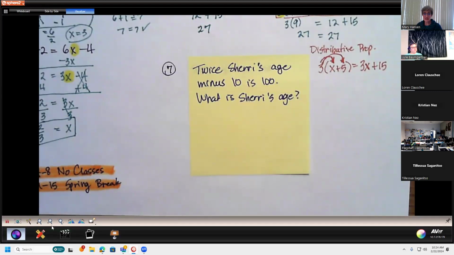Okay, Sherry's 90? Nope, she's not 90, because it says twice her age minus 10 is 100, and twice 90 is 180, minus 10, she'd be 170. So that's a little too old for Sherry.